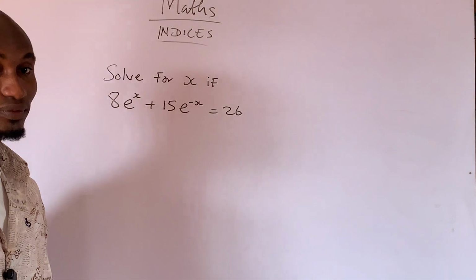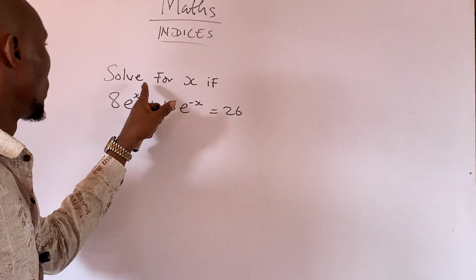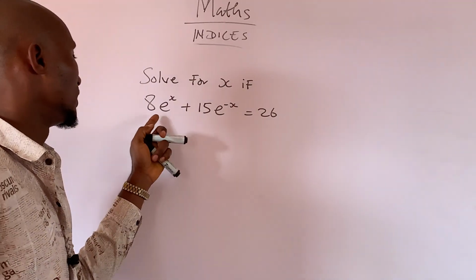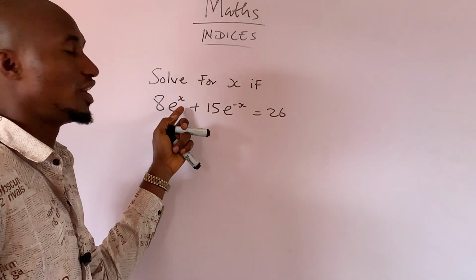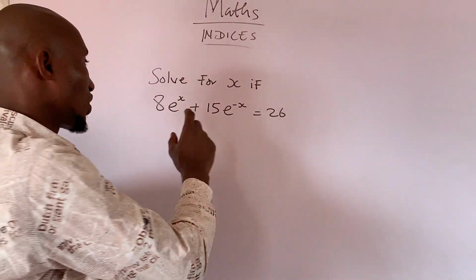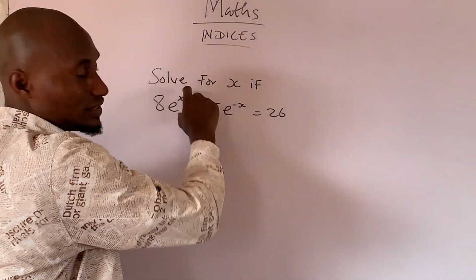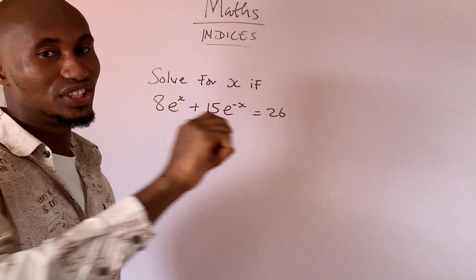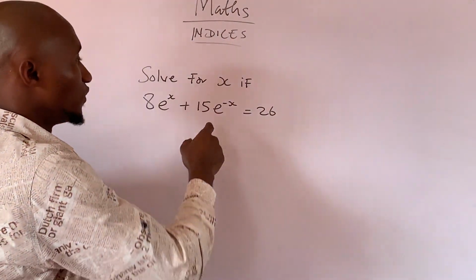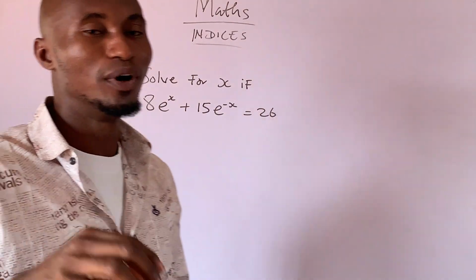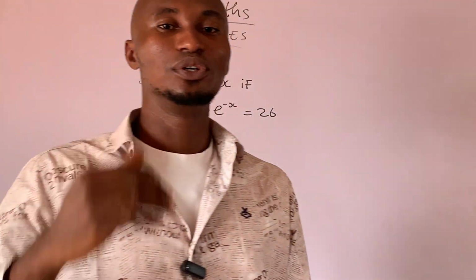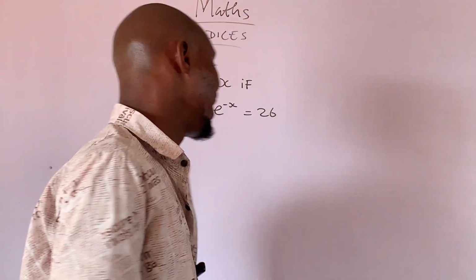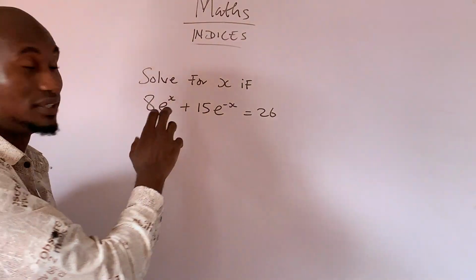Look at the question. It says, solve for x if 8e^x plus 15e^(-x) equals 26. Of course you know this. I'm not going to talk more on this so that I won't shift our attention from indices, but I will still make a video on calculus and then I will explain this exponential very well.